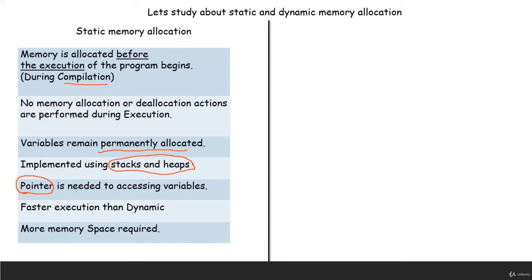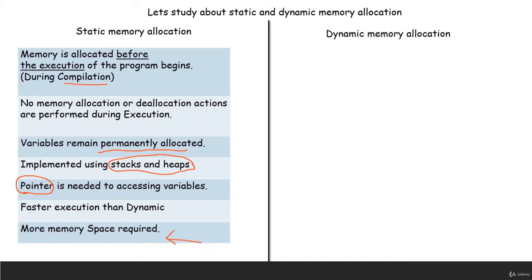More memory space is required. You can say this is a disadvantage of static memory allocation, because once variables are allocated memory, it is permanently allocated and you can't resize it. That's why more memory space is required here.